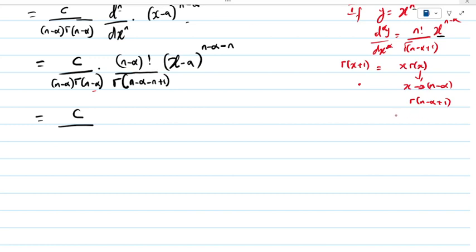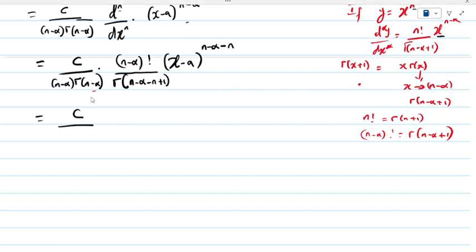Also, you need to note that n factorial is equal to gamma n plus 1. So we extend this n also to n factorial with alpha, so I am going to have gamma n minus alpha plus 1. We substitute those properties in the above equation.